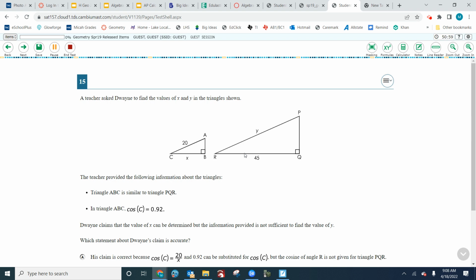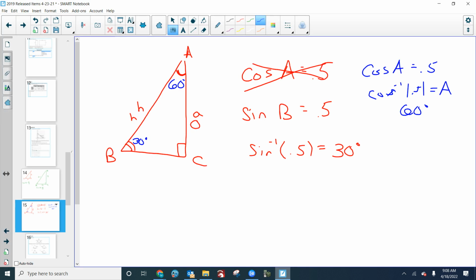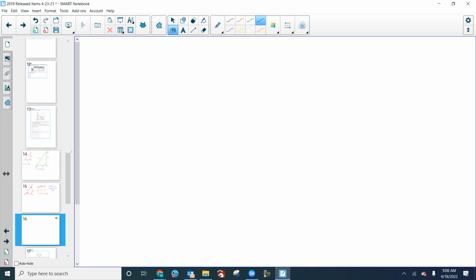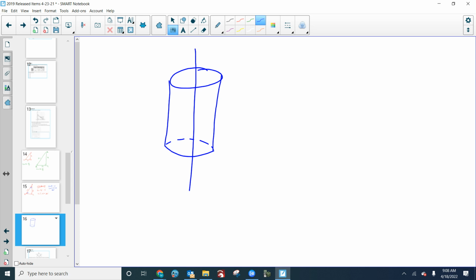You see it? Ellen, you good? If you take a cylinder, if I slice it like this, it'll hit the cylinder here and here, and then it'll hit here and there. And when you look at it, I should have drawn it. I'm going to draw it this way.